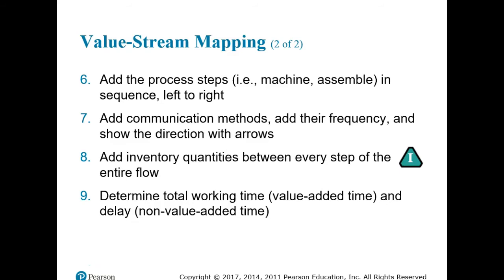Your sixth is to add the process steps, i.e. machine and assemble, in the sequence left to right. Your seventh is to add communication methods, add their frequency, and show their direction with arrows. And then eighth is to add inventory quantities between every step of the entire flow. Ninth, you're going to determine total working time, that's value added time, and delay, non-value added time.